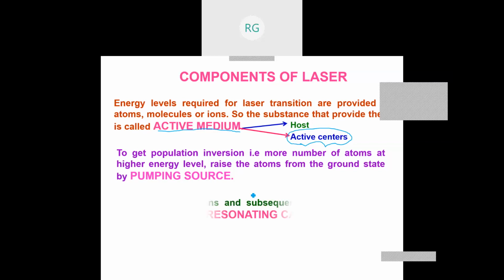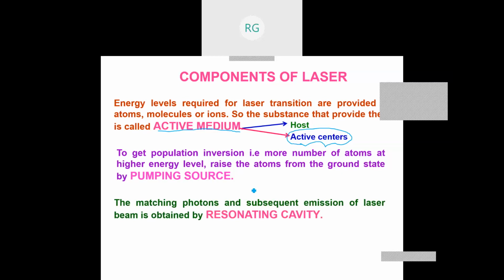Once you have this, to get a coherent beam, we want a matching photon to initiate lasing action. And that lasing action is provided by the next component of a laser, called the resonating cavity. The word resonating cavity means it is a place between which you can keep your active medium.